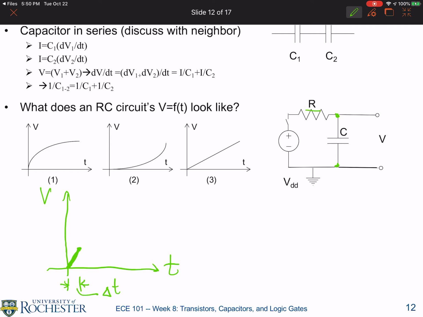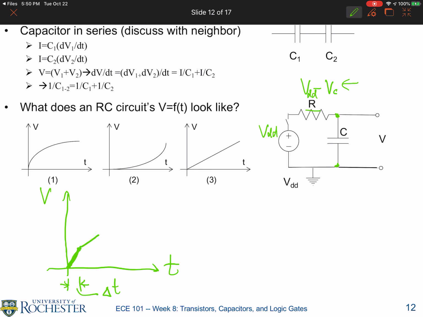Then at that time, what is the voltage across R? It's no longer VDD. It's VDD, that's the power supply's voltage, minus VC. So it's smaller. And therefore, the I is smaller. Okay, so by that much, that's accumulated. So now, for the next little delta T, it's a bit smaller than before.